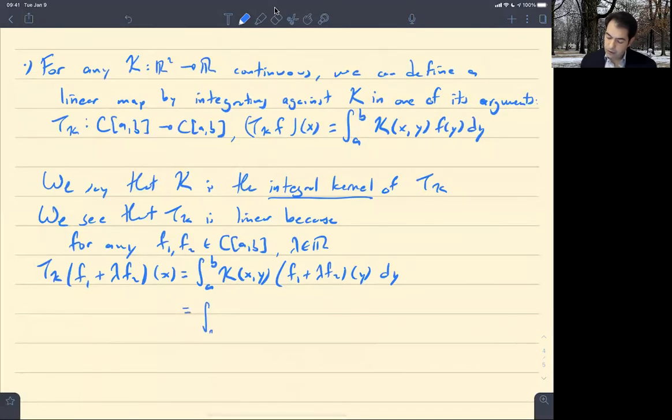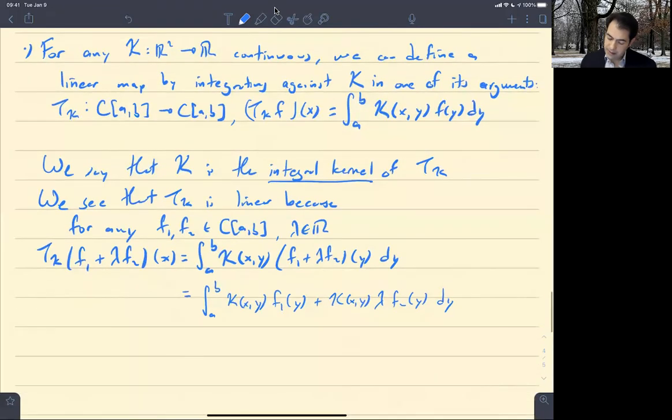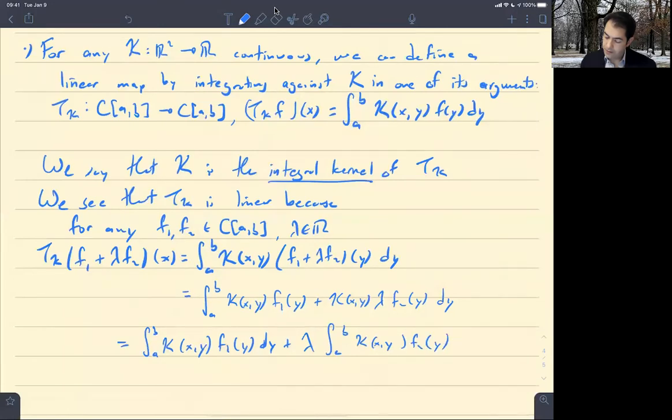And that's equal to the integral of this kernel against F1 of y plus this kernel against lambda F2 of y, dy. And then because integrals open up sums and pull out constants, I can write this as the integral from a to b of k of x,y times f1 of y dy plus lambda times the integral from a to b of k of x,y times f2 of y dy.